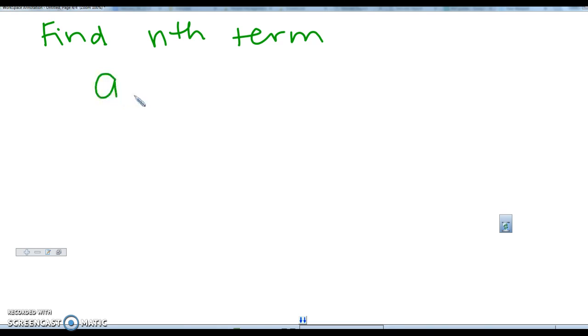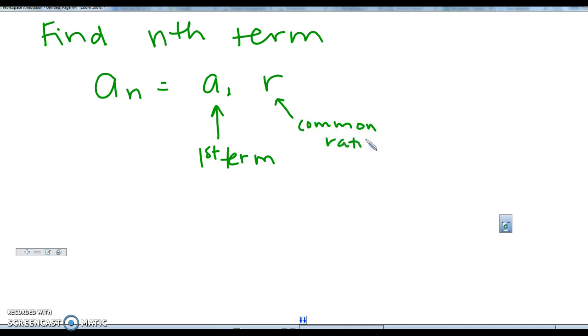Our form for geometric sequences will be a sub n equals a sub 1, remember, that's our first term, times r, and we know that's our common ratio, to the n minus 1. And this is where our exponential functions are coming into play here, because we're raising it to the power n minus 1.